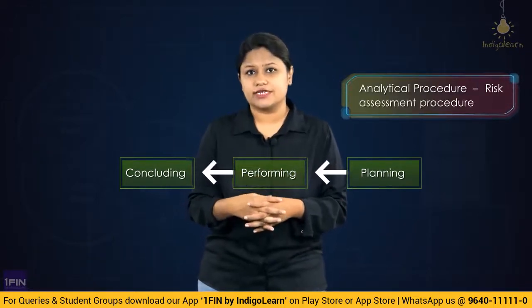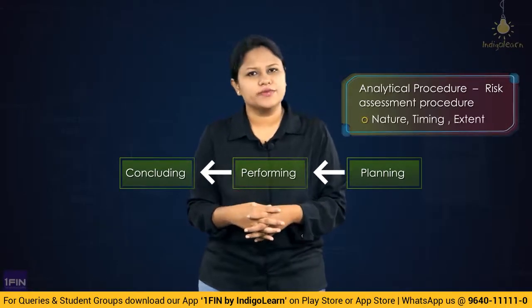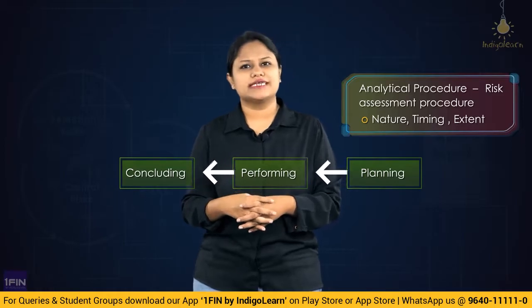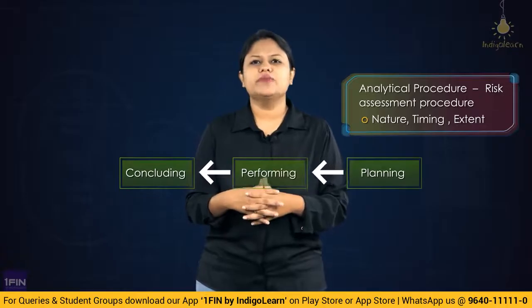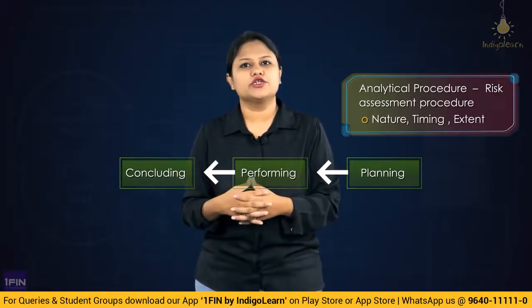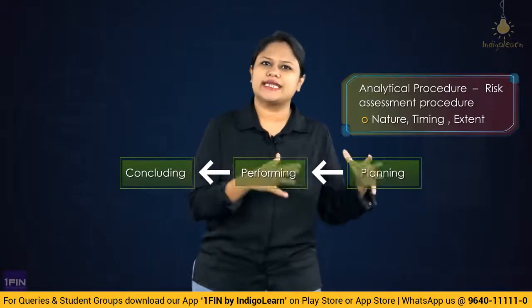This will enable the auditor to design the nature, timing and extent of the audit procedures to be adopted. When you do a comparison, when you study the trend of the information that is available, you will be able to understand the possible areas of risk, where you have to concentrate more of your attention. So this will happen at the planning stage.